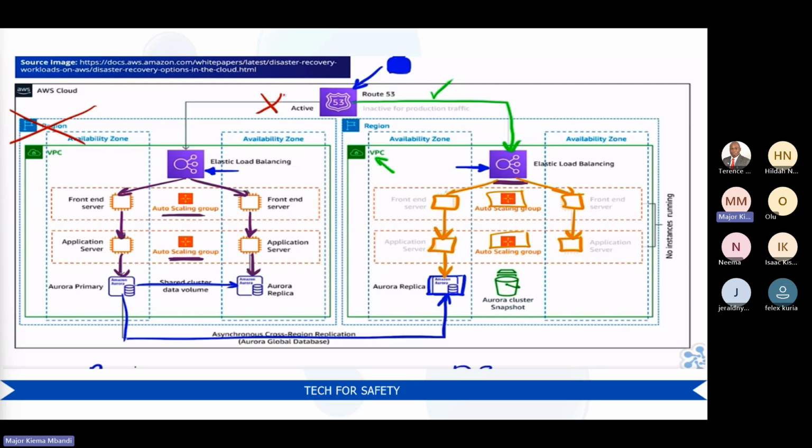And now complete failover here. Now you can see Route 53 will stop routing traffic to the region that is experiencing an outage and now start routing traffic to the DR region.